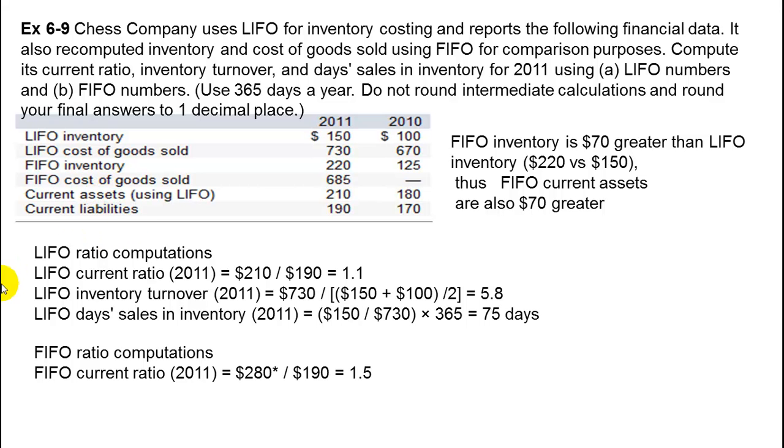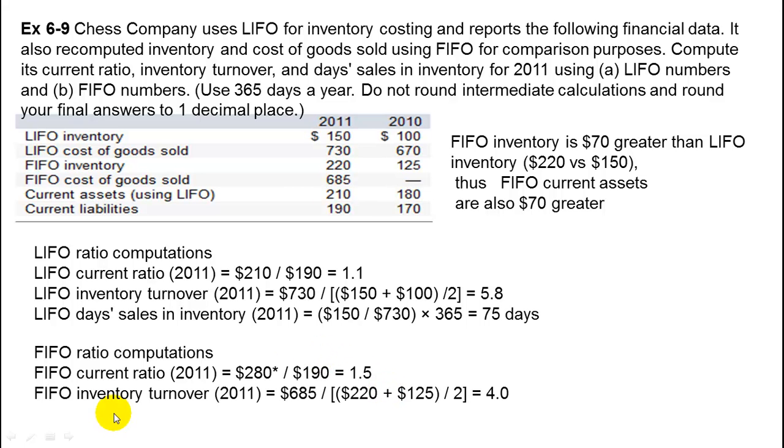So if the current assets were 210 under the LIFO calculation, they're going to be $70 higher under FIFO. So the 210 now becomes 280. The current liabilities stay the same, and the current ratio using FIFO as the inventory method is going to be 1.5.